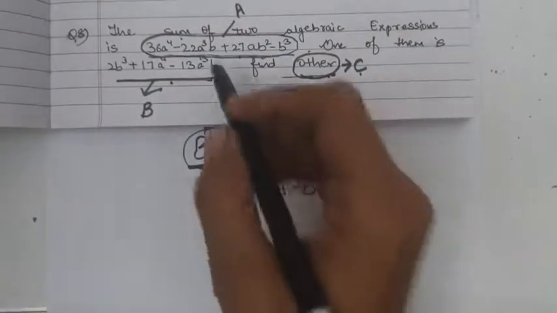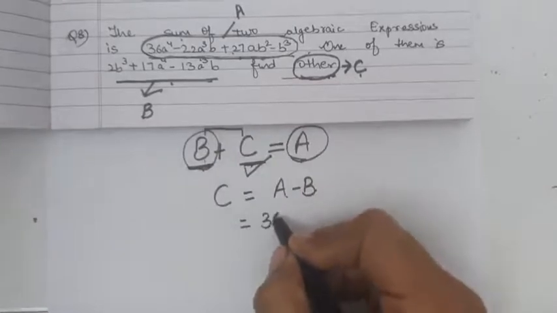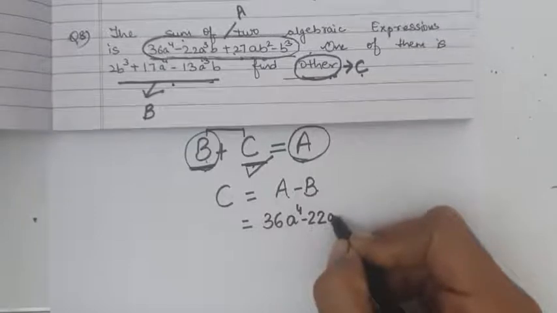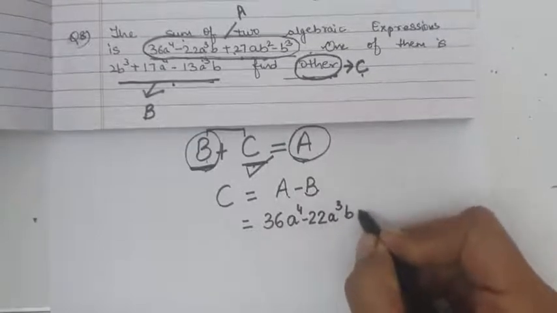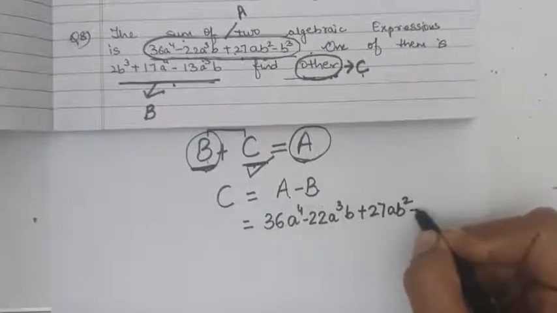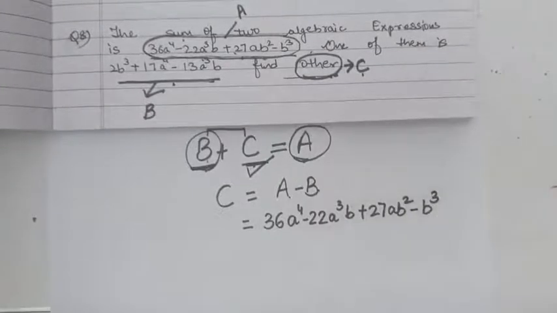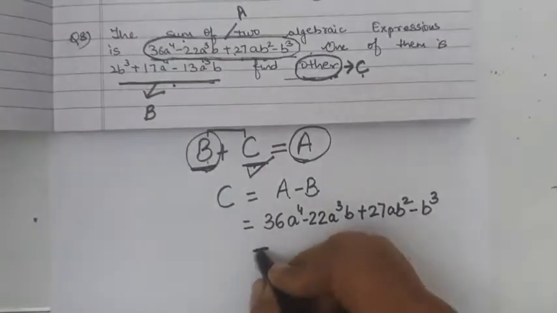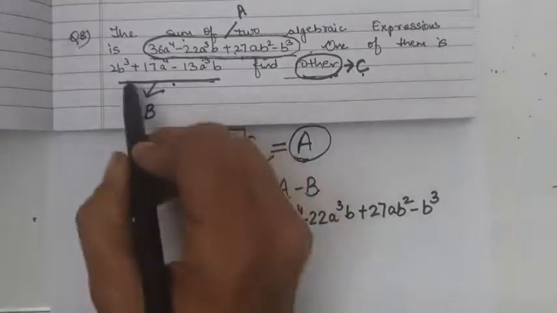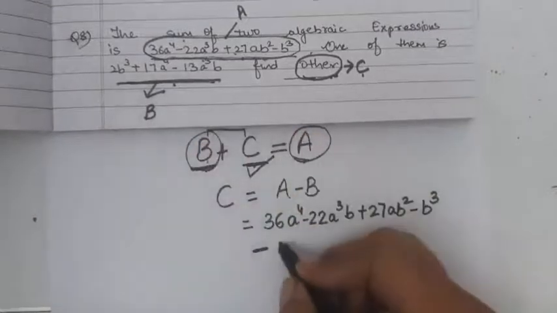Now what is A? That is 36a⁴ minus 22a³b plus 27ab² minus b³. Minus, what you have to subtract? B. And what is the value of B?